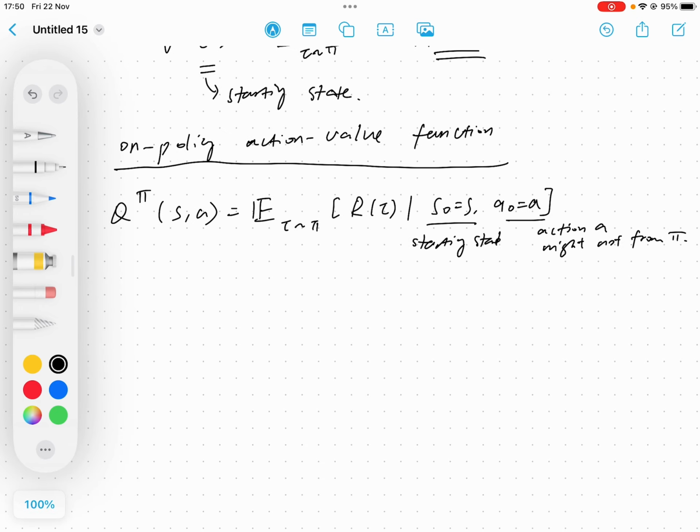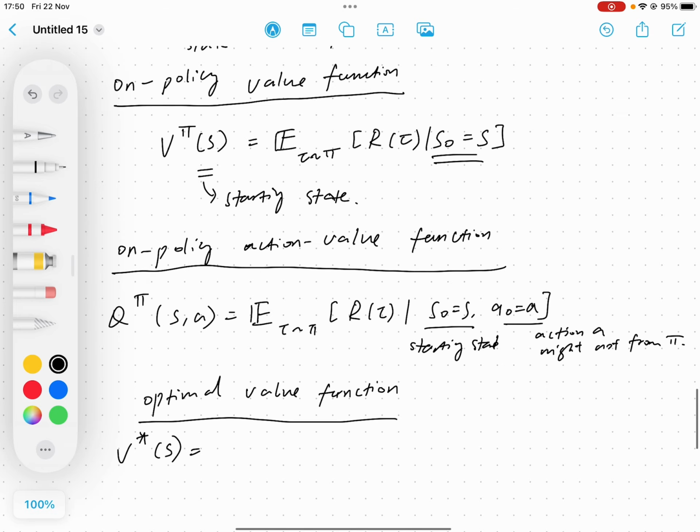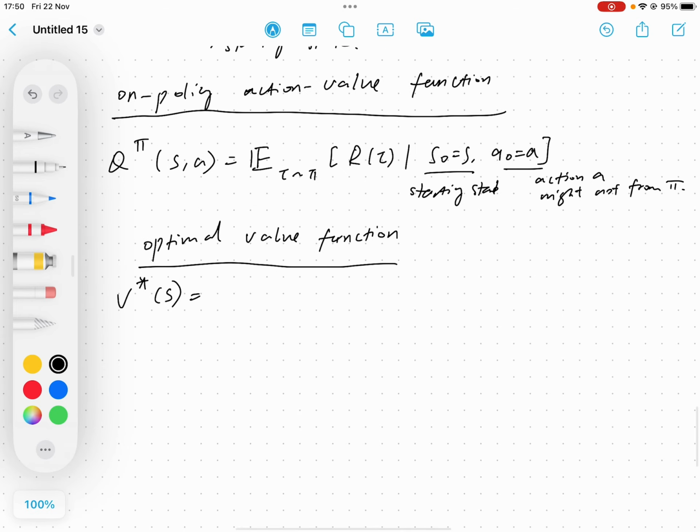Of course, correspondingly we have the optimal value function, which is the maximization over that. V star, from the first on-policy value function, the optimal value function V star(s), is just the maximization over pi of the expectation over tau of R(tau) given s.